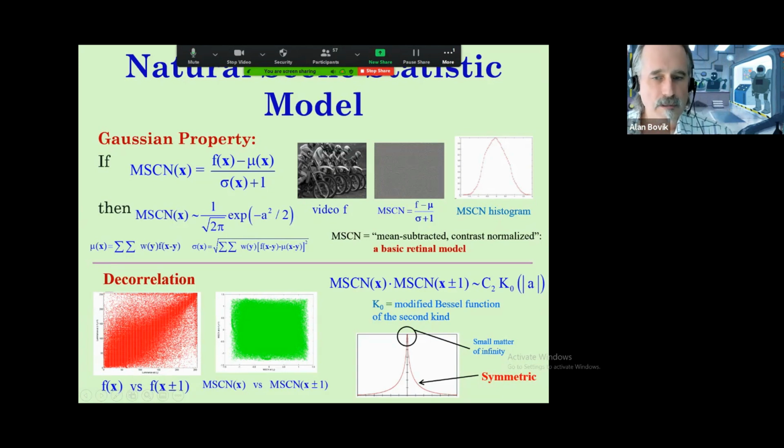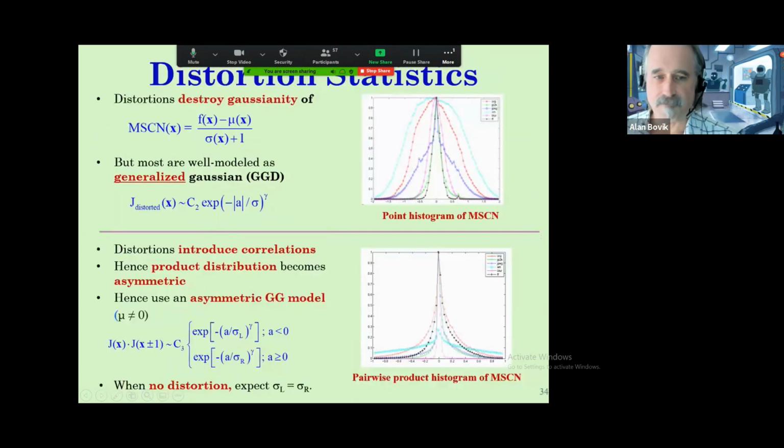If we take products of adjacent pixels, that's what I mean by x and x plus or minus 1, neighboring pixels, then under this ideal Gaussian white noise model they should obey a symmetric density function. We also approximate this. This is continuous, it's not discrete like pictures. You've got this little matter of infinity at the zero of a second-kind modified Bessel function. Instead, we will simplify the model.